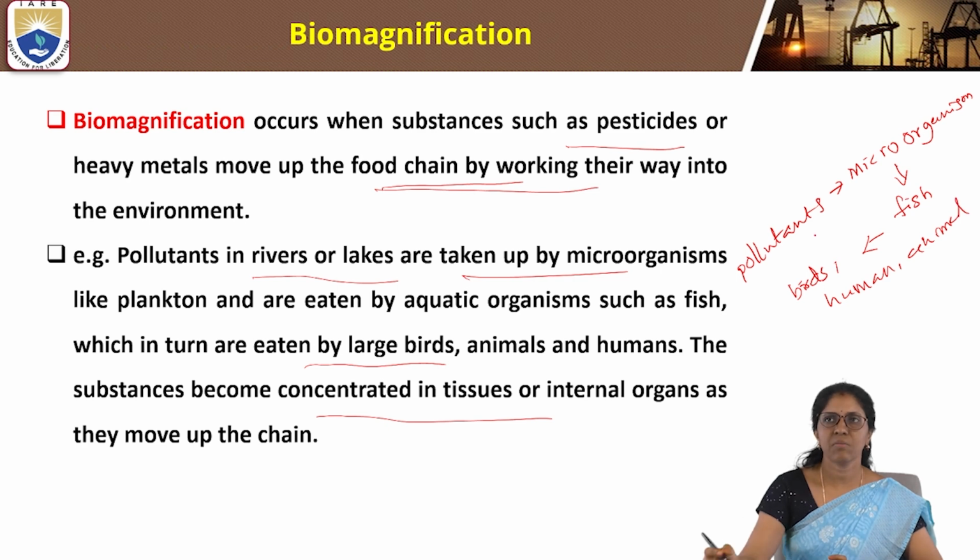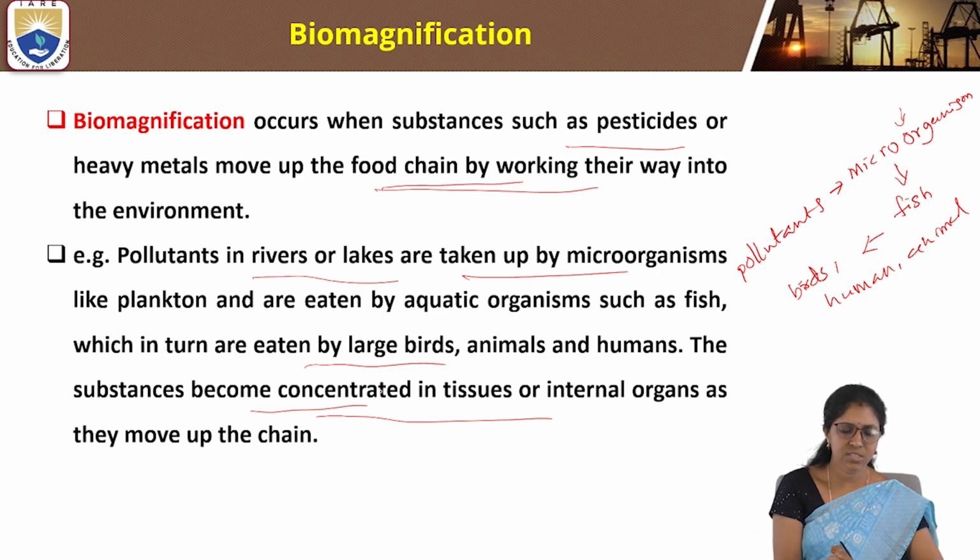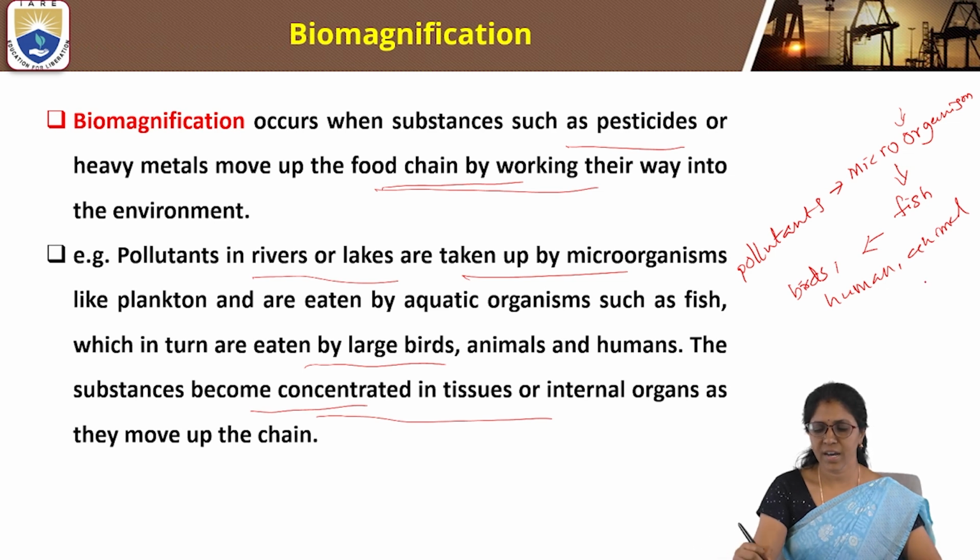If we see this flow chart, the pollutants are moving from one trophic level to another, from microorganisms to humans, birds, or animals. The substances become concentrated in tissues or internal organs as they move up the chain, so the higher concentration is present higher up in the food chain, like humans, birds, or animals.